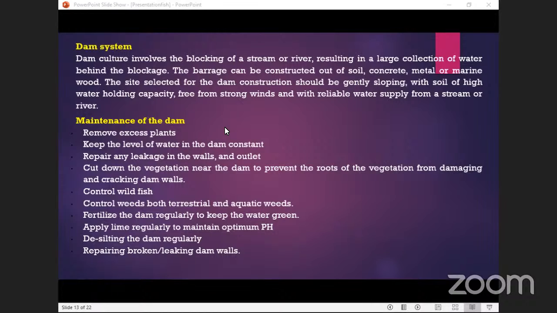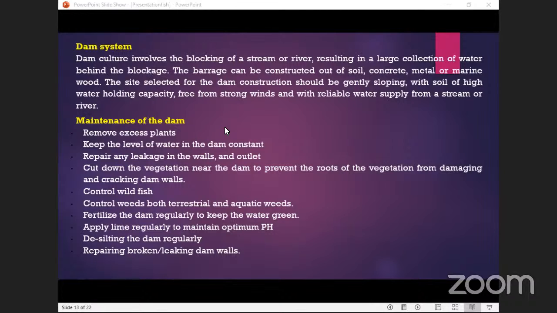Cut down the vegetation near the dam to prevent roots of vegetation from damaging and cracking the dam walls. After constructing your dam, make sure that you remove the big trees. Remove all the big trees which are available around your dam, because they can break the material you have used to enclose your dam.